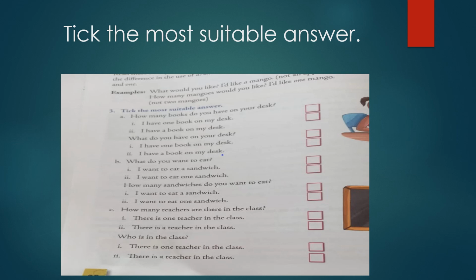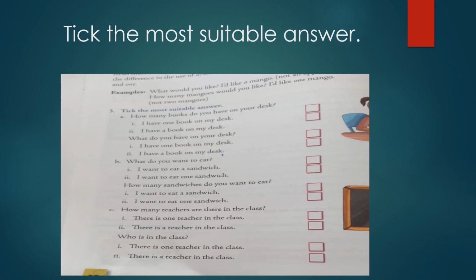Hockey is a game of 11 players, not of one individual. We use one when we mean one of a larger number. Now see the next example also, you see the difference in the use of a or an and one.